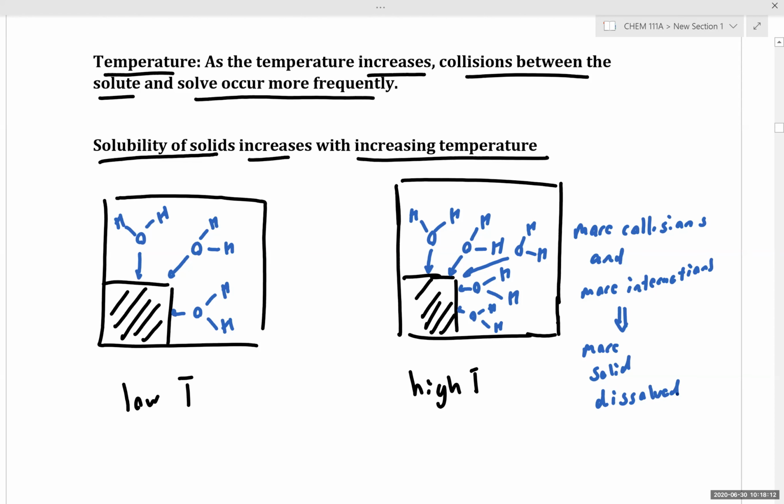Solubility is built on these intermolecular interactions. If the water molecule and your solute are not in close proximity, it takes a lot longer for the dissolving process to occur.